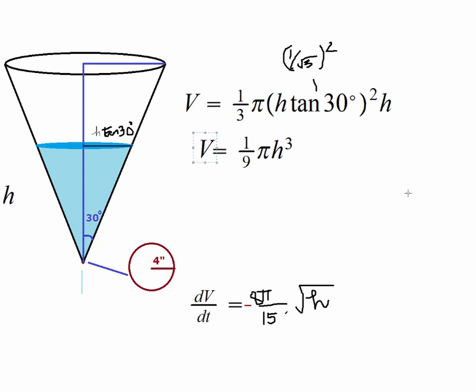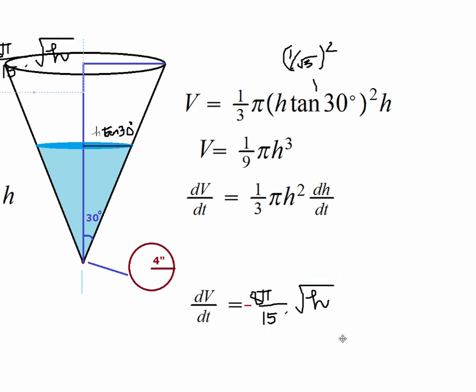Now we can differentiate both sides with respect to t. dV/dt would be, by chain rule, 3h squared dh/dt, and that 3 will reduce this 9 to a 3. Now we know that our dV/dt is the quantity that we just found. Let me bring it up here.